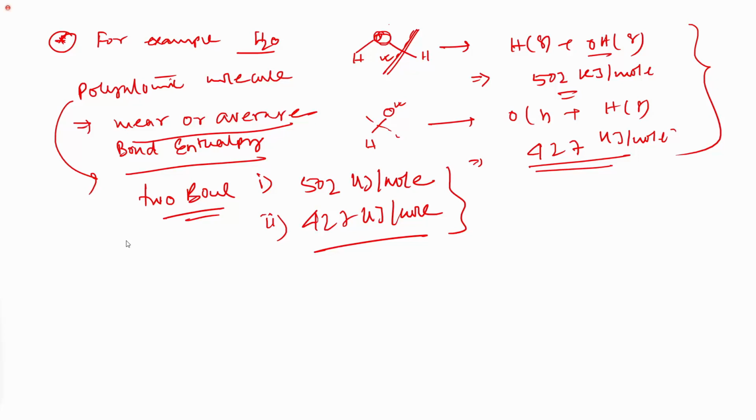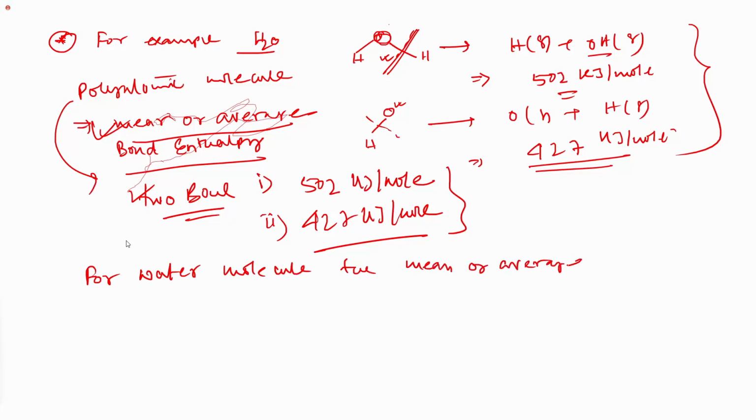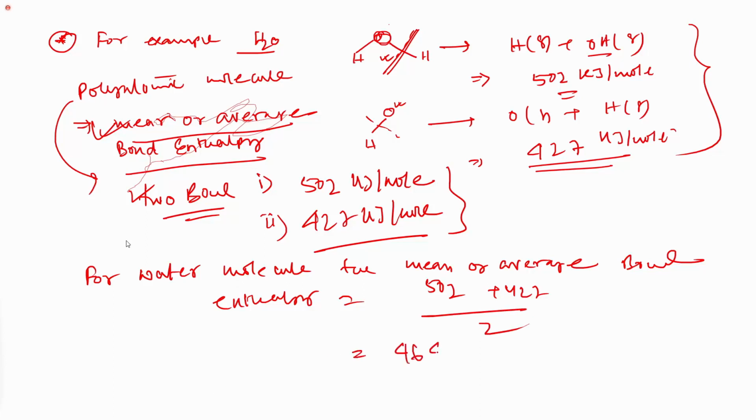So for that situation, you have to use the mean or average bond enthalpy. For the water molecule, the mean or average bond enthalpy equals (502 + 427) / 2, which is 464.5 kilojoule per mole.